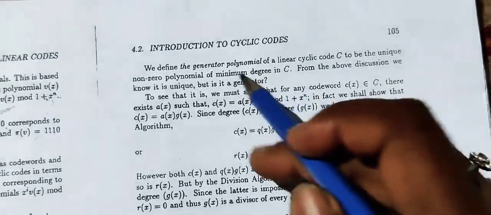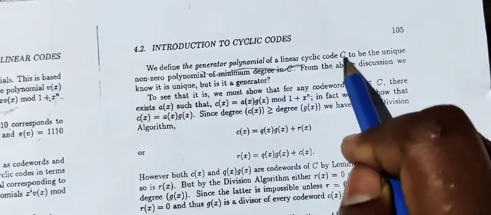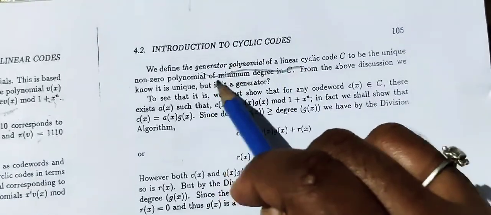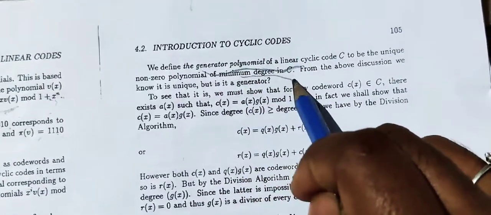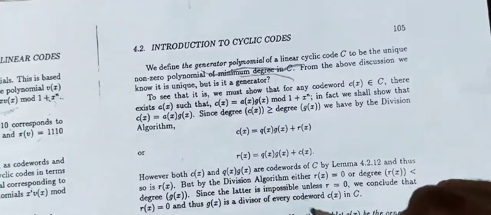So this is the generating polynomial. The generating polynomial of a linear code C is defined to be the unique non-zero polynomial of minimum degree in C, so this c of x. We have to prove the uniqueness of c of x.